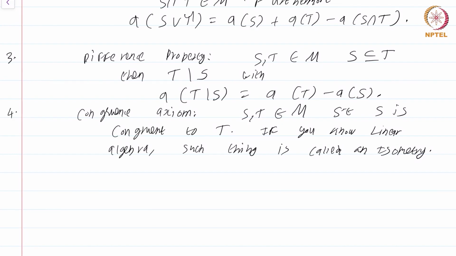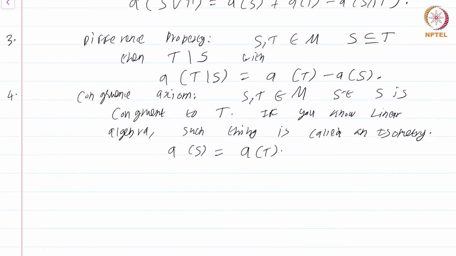So the congruence axiom just says that if two figures can be made to overlap each other by moving them around, by applying what is known as a rigid motion, then S and T must have the same area. So congruent figures have the same area. Again, intuitively perfectly obvious.